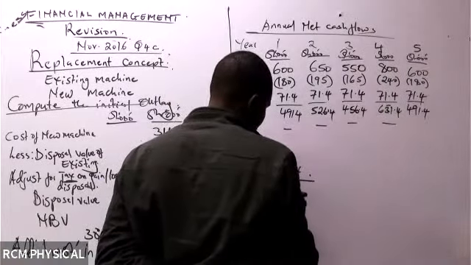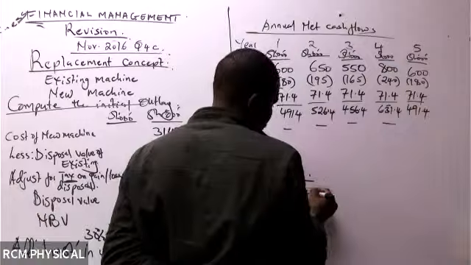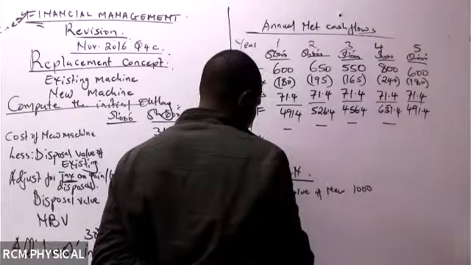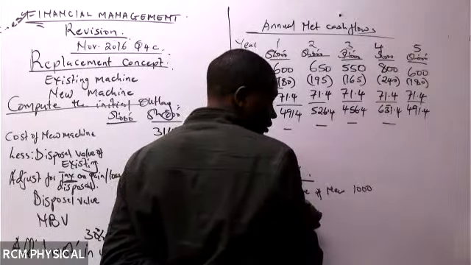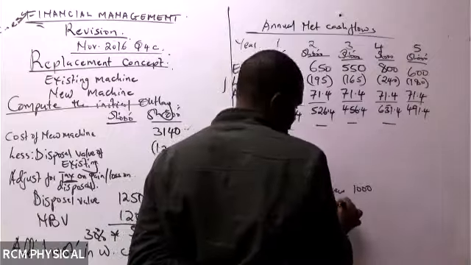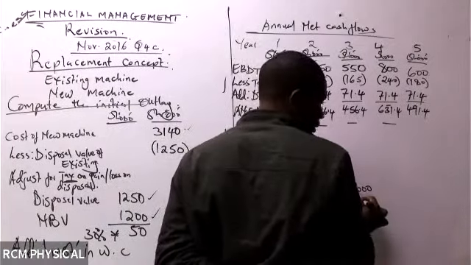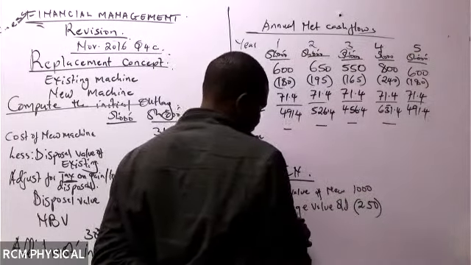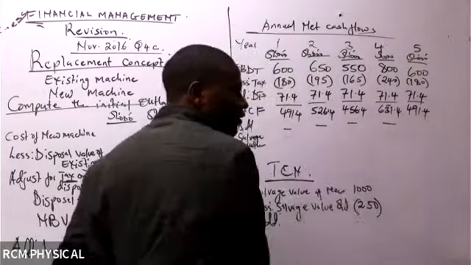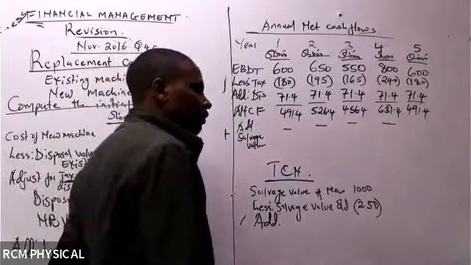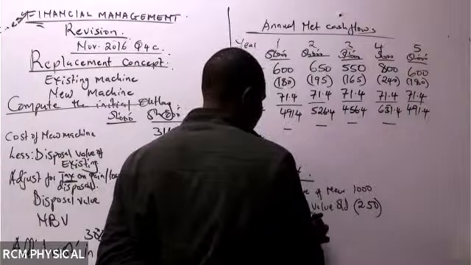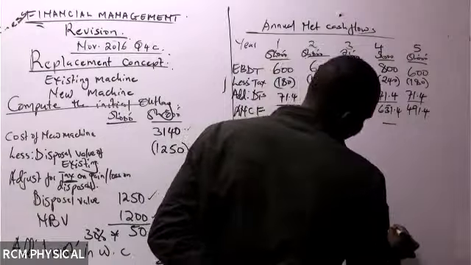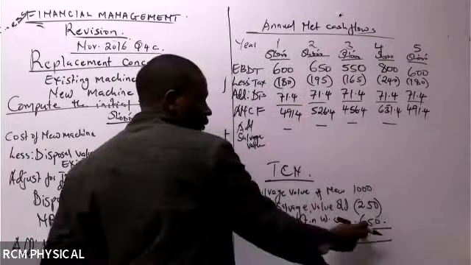Salvage value of the deal is 1,000, less salvage value of the old, which is 250. And then what do we add? Investment in what? Working capital, 600.